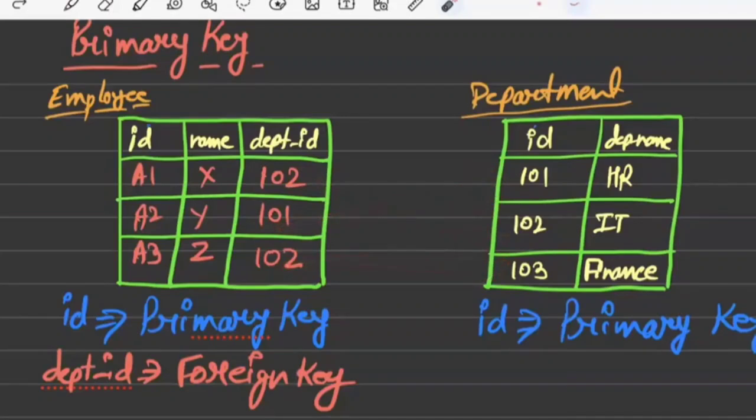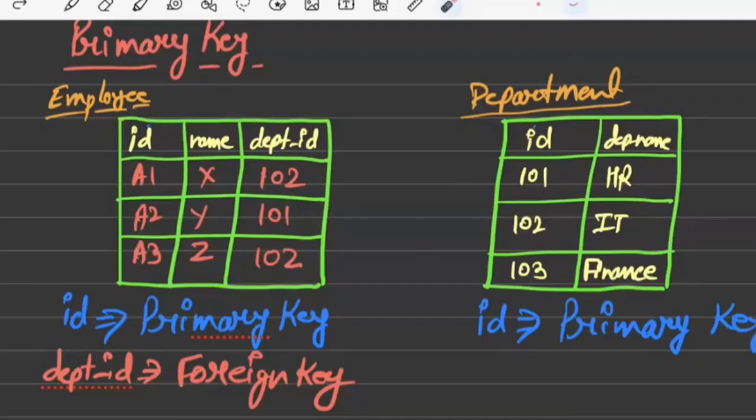But how to set up this kind of integrity between these two tables? Imagine if the department table does not exist, then how would you bring these 102, 101, 102 values? Because you don't know whether these values even exist in the department table or not.